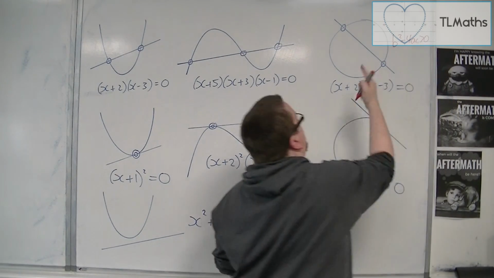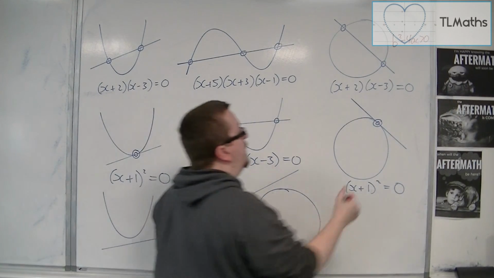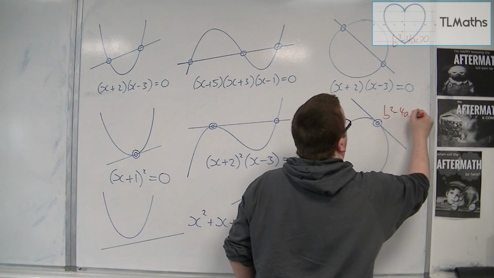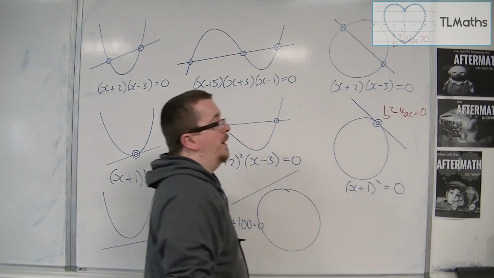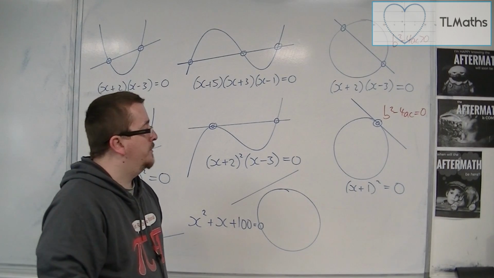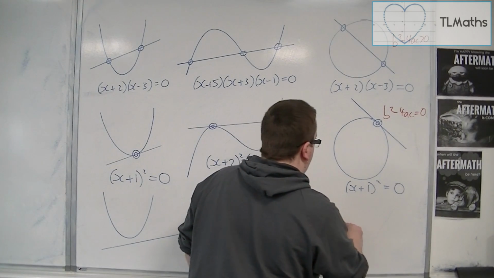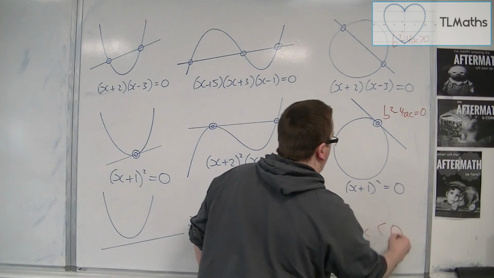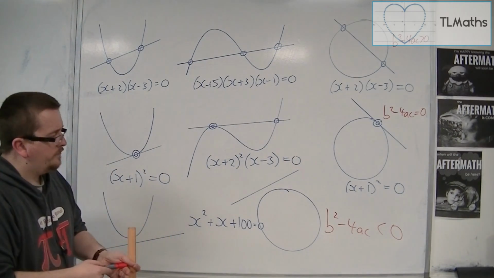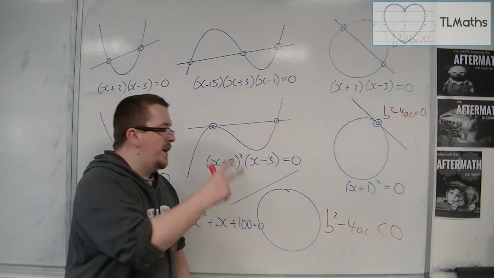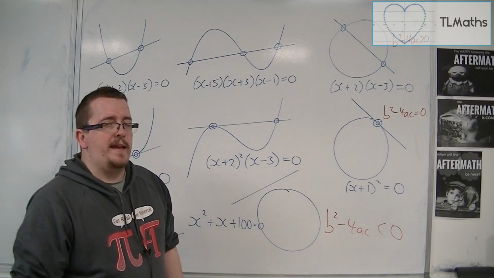The discriminant in this case would be greater than 0 for two distinct points. It would be equal to 0 in the case of a repeated root, so the line is a tangent to the circle, and it would be negative if the line completely misses the circle. Okay, so we're going to see an example of this in the next video.